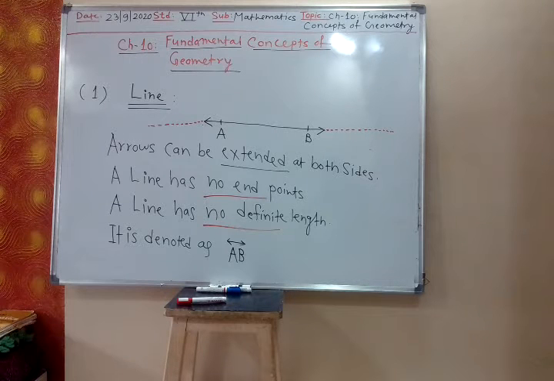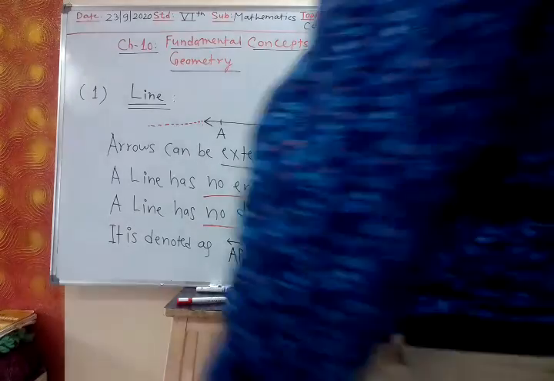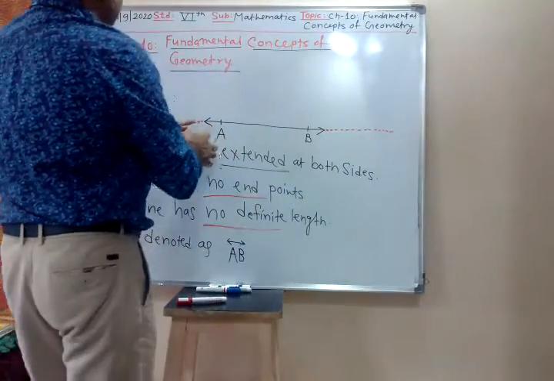A line has no end point, and since A and B can be extended further, there is no fixed length. The line AB has no fixed length. Fixed means definite. So whenever you see arrow at both the ends, it is a line.